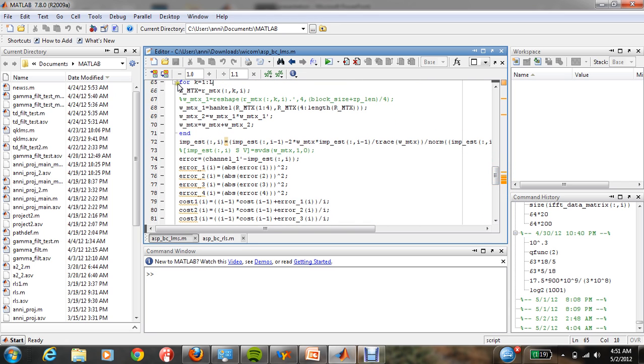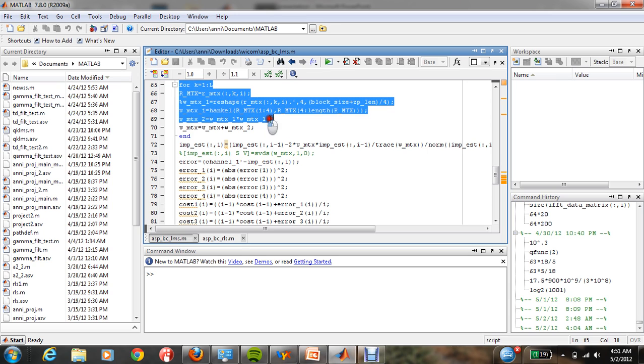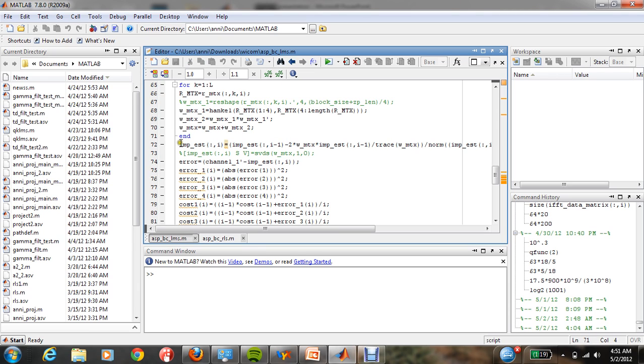This part is constructing the W matrix using every vector obtained in the basis for noise subspace, that is U subscript W, and this is the impulse response estimate that is obtained by normalizing the vector as shown in the slide.